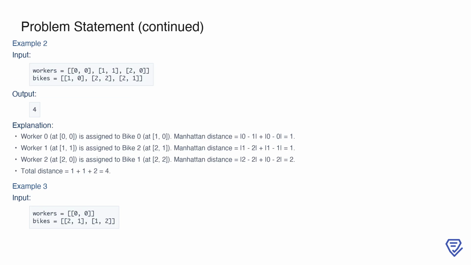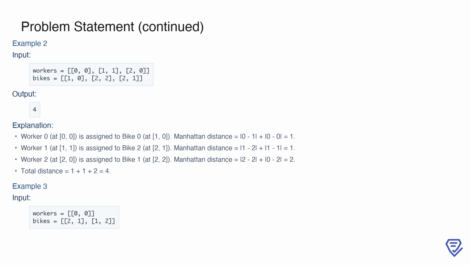Here's another example. This time, we have 3 workers at positions (0, 0), (1, 1), and (2, 0), and 3 bikes at (1, 0), (2, 2), and (2, 1). Worker 0, at (0, 0), is assigned to bike 0 at (1, 0), resulting in a Manhattan distance of |0-1| plus |0-0|, which equals 1.